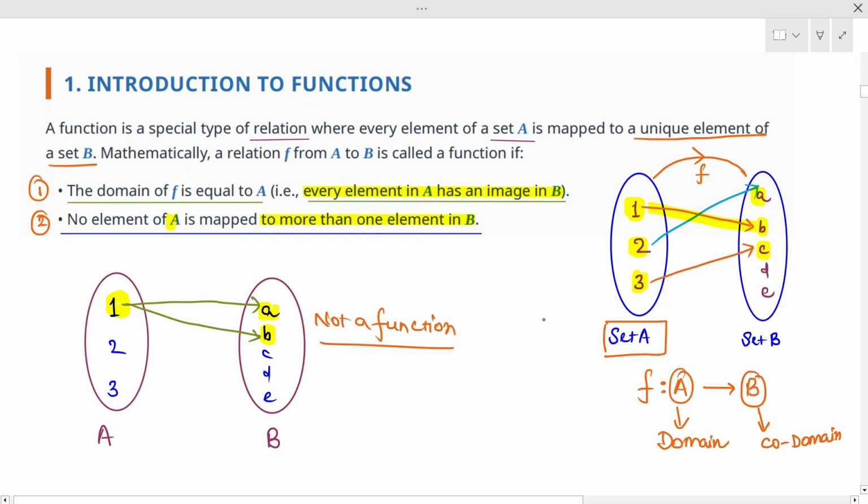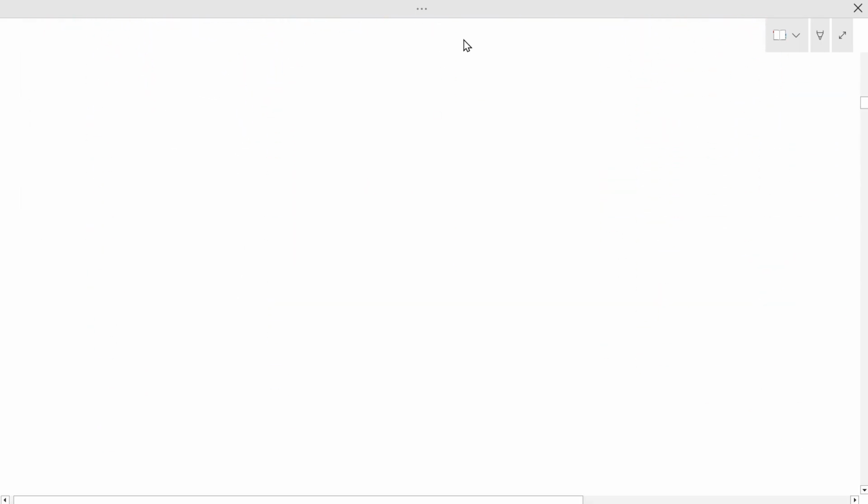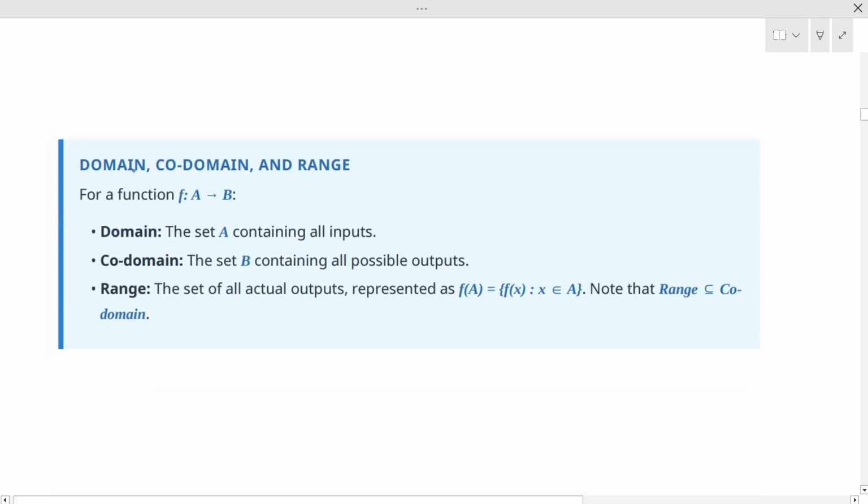Okay, so I believe this is clear, right? So the next thing we are going to discuss is what's a domain, codomain and range of a function. Let's say that we are considering a function from A to B, right? Which means what will be the domain?